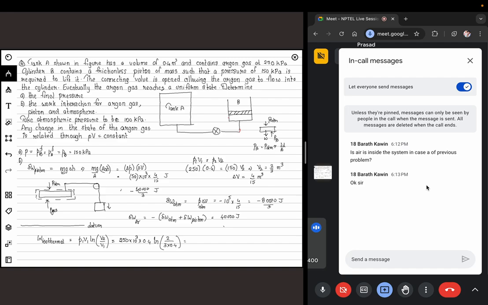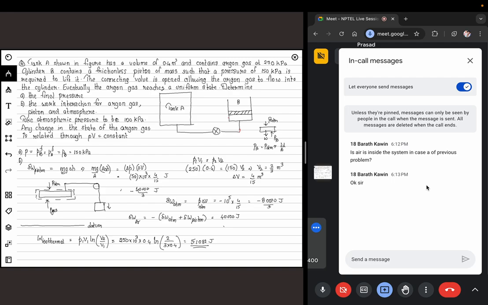So what is this value coming out? I am getting this value to be around 51,082 joules. Now the interesting part here is, if you assume this equation PV equal to constant, then you have an isothermal work of around 51,082 joules.